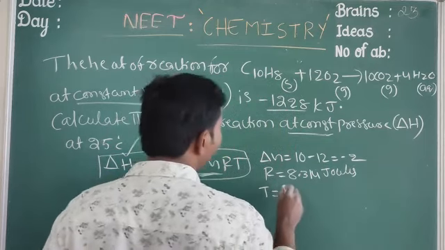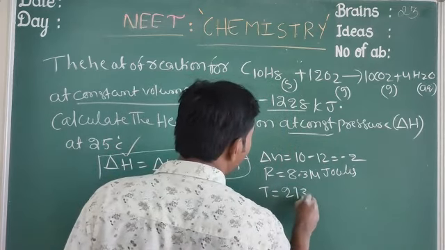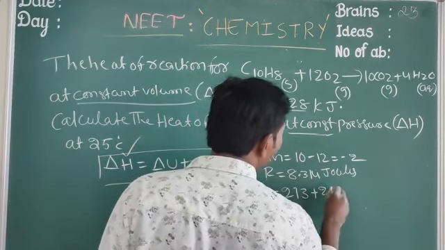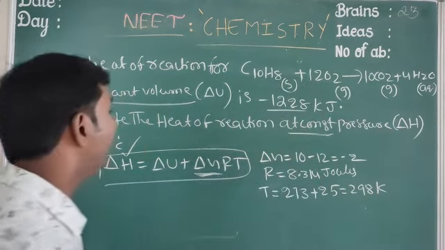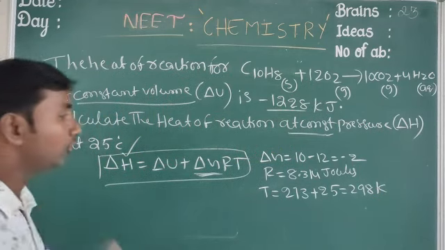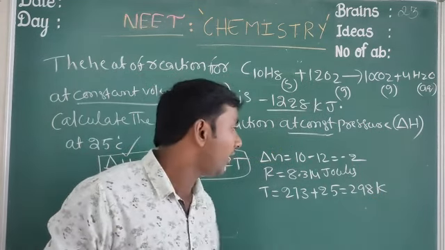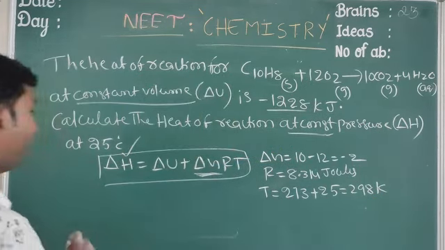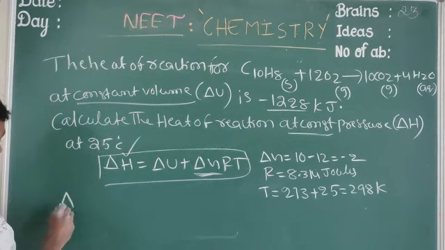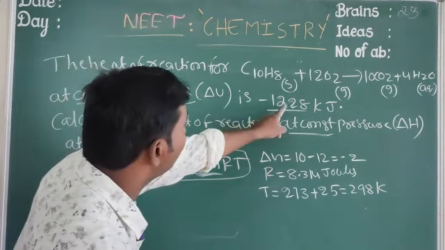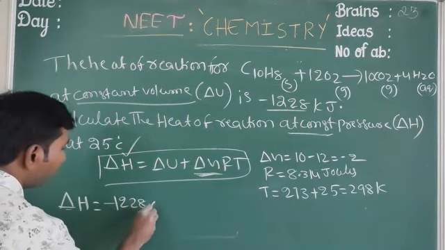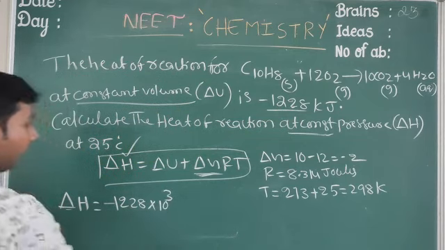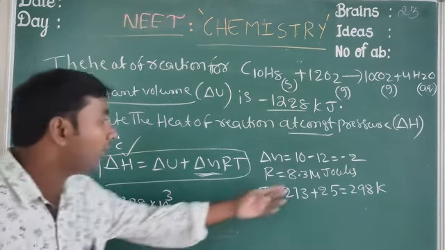Temperature 25 centigrade converts to kelvins: 273 plus 25, 298 kelvins. Temperature should be in kelvins. Now del H equals del U, minus 1228 kilojoules, converted to joules, that means into 10 power 3, because R value is taken in joules.